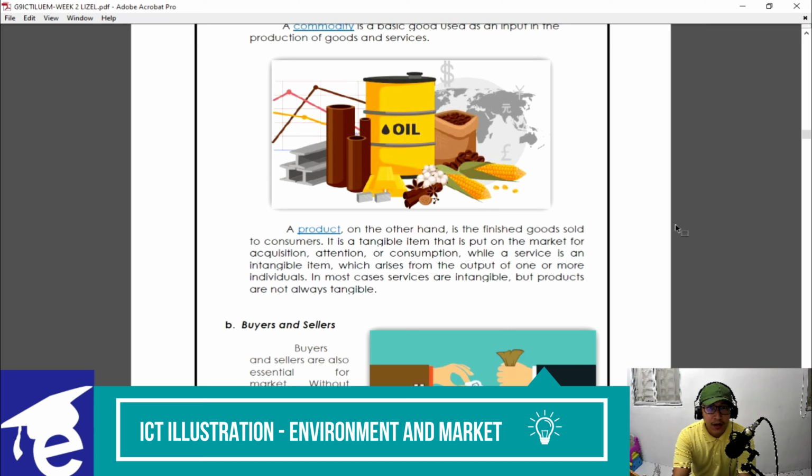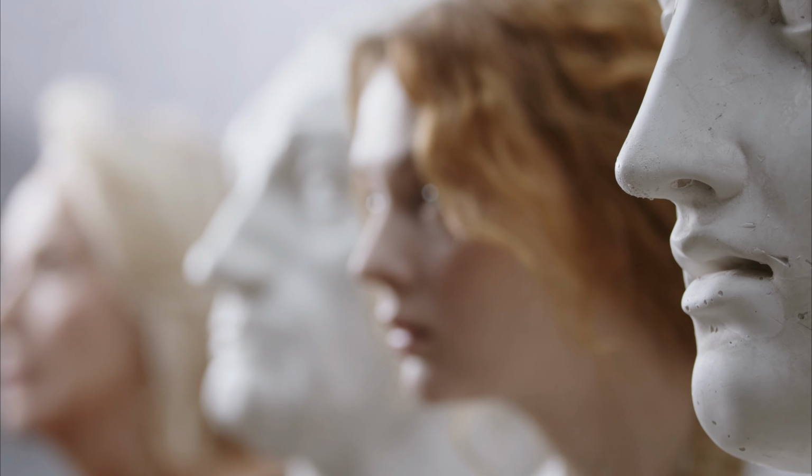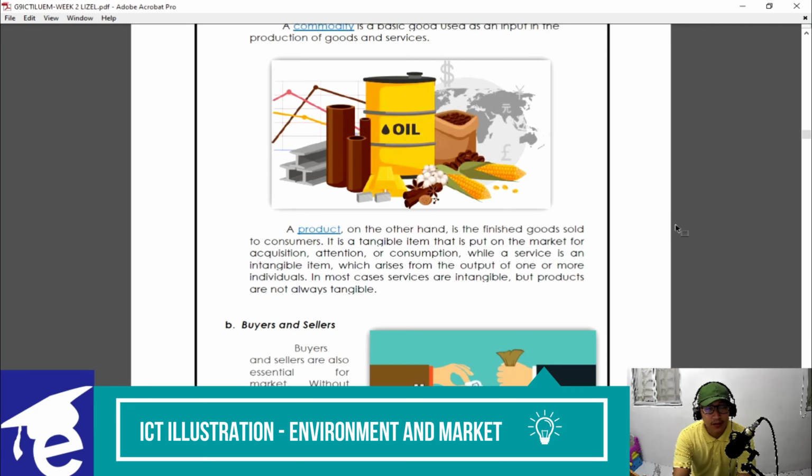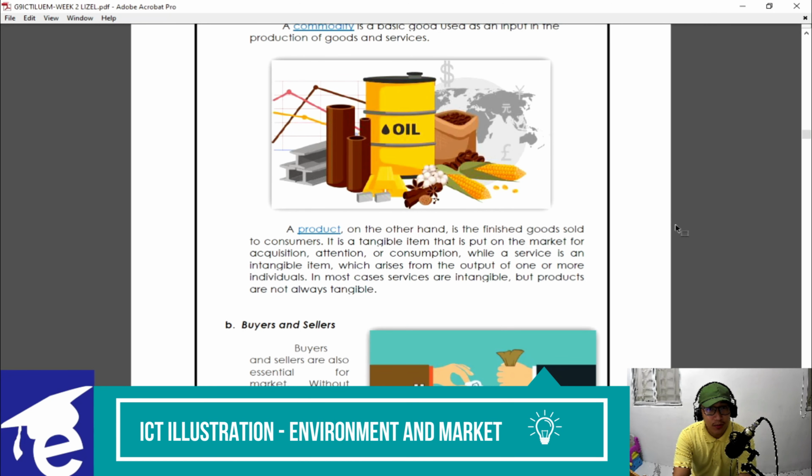Customers are the ones who buy the tangible product. Consumers, same concept, buy the tangible products but consume the product. These things are consumables, that's why they are called consumers. They consume something about the product.